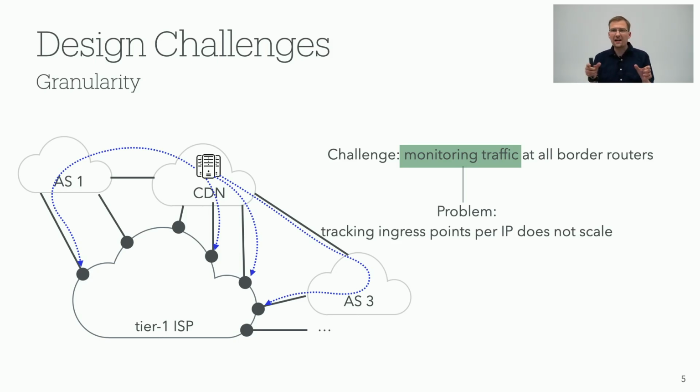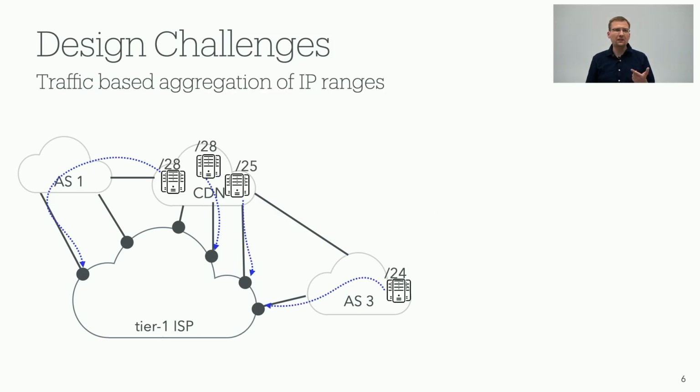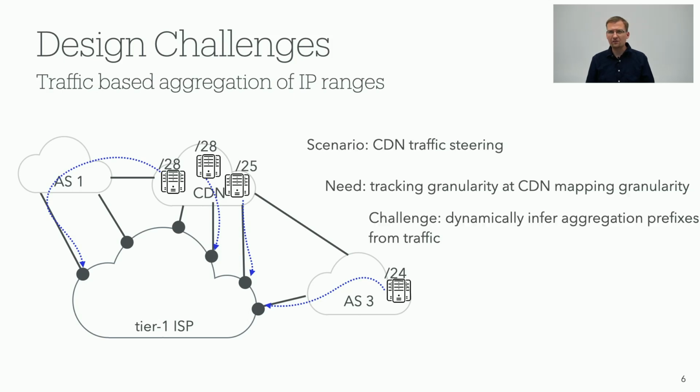So we need to aggregate IP addresses into ranges that share the same ingress point. Now the question is, what granularity do we use? Here the answer is we want dynamic granularities that adapt to the traffic dynamics that we observe in the actual traffic, mostly from CDN networks.